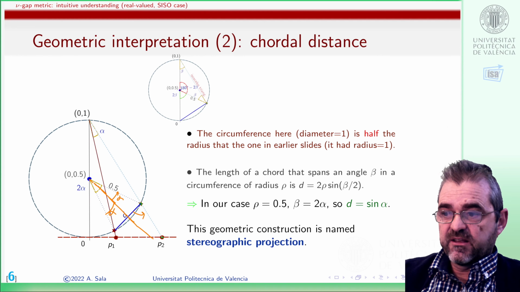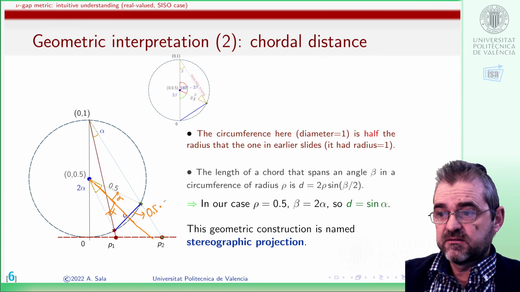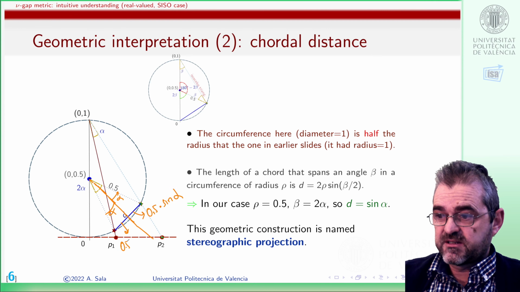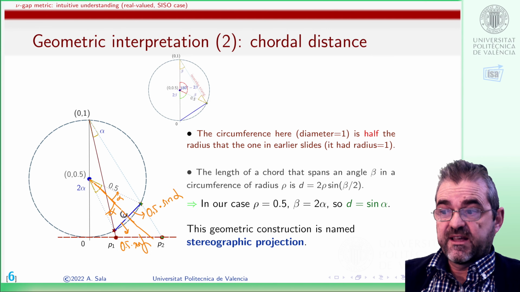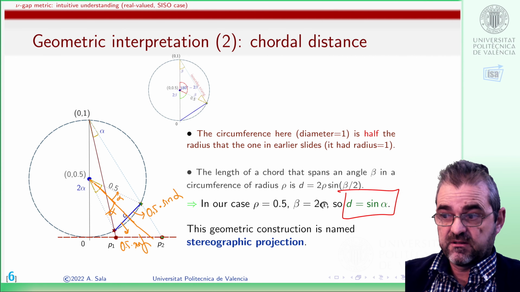So which will be the length of this upper half here? Well, the radius 0.5 times the sine of alpha, and likewise the length of the segment down here will be the same. So when we add those two lengths, here we have the main result.